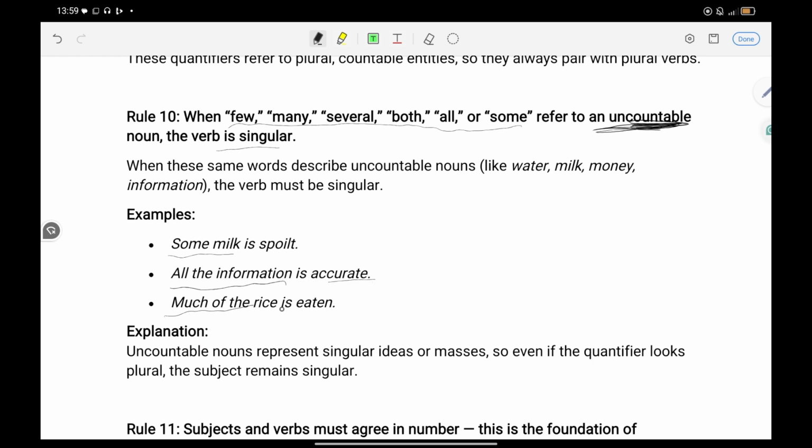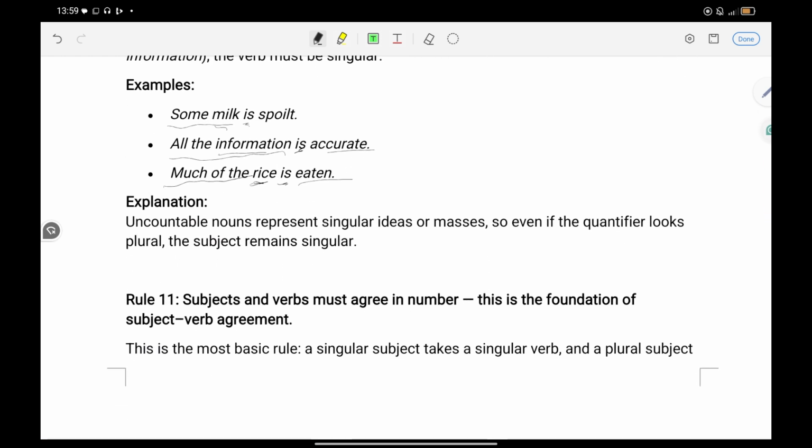Much of the rice is eaten. You can't say "are eaten" because you cannot count rice. You cannot count information. You cannot count milk. So it is a singular verb, "is." Okay? Uncountable nouns represent singular ideas or masses. So even if the quantifier looks plural, the subject remains singular.